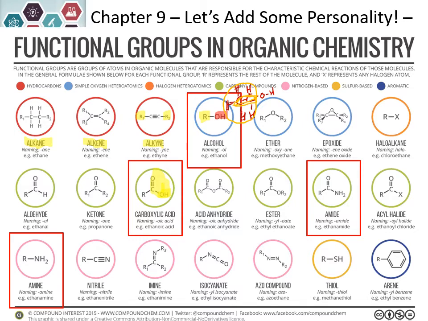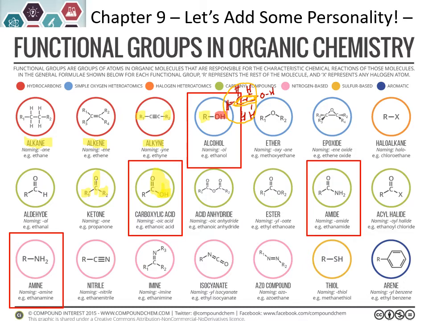Do notice that there are differences in our functional groups depending on how these atoms are attached. If we have just two carbons with that carbonyl, a carbon double bonded to an oxygen, and there's no OH, that makes it a different type of functional group.